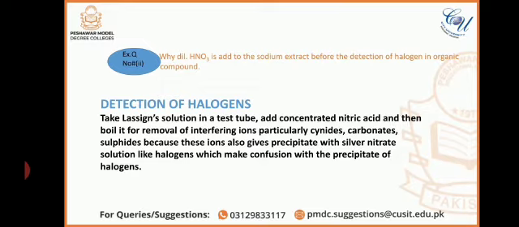So, take Lassaigne's solution in a test tube, add concentrated nitric acid, and then boil it for removal of interfering ions, particularly cyanides, carbonates, and sulfides, because these ions also give precipitate with silver nitrate solution like halogens. So for this reason we add nitric acid to sodium extract before the detection of halogens.